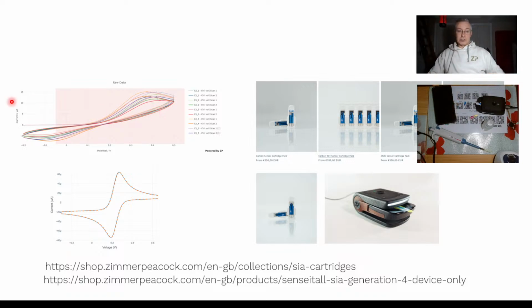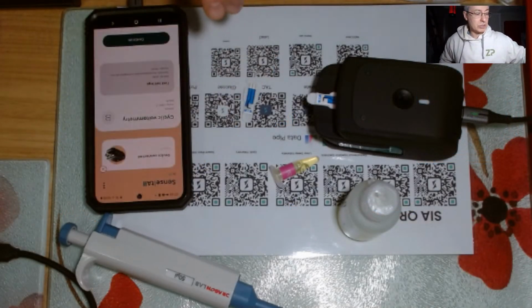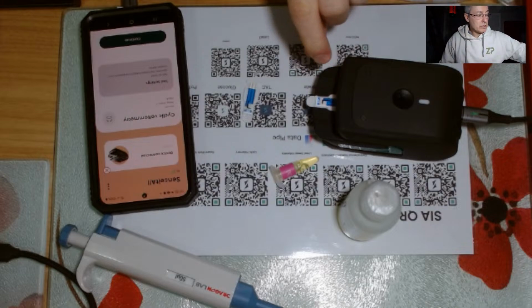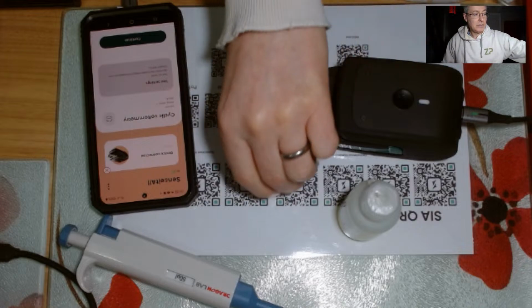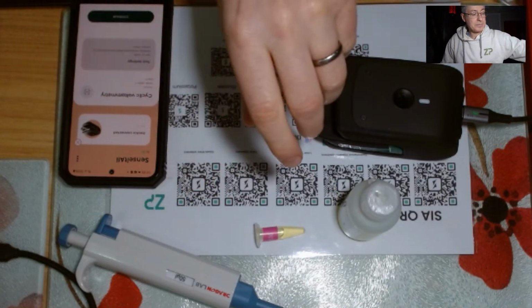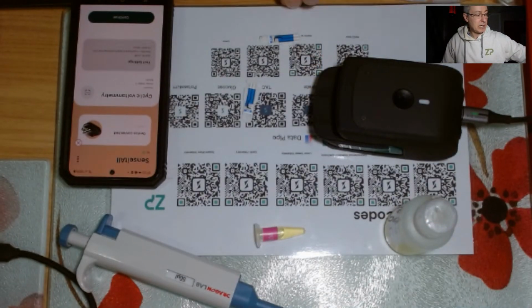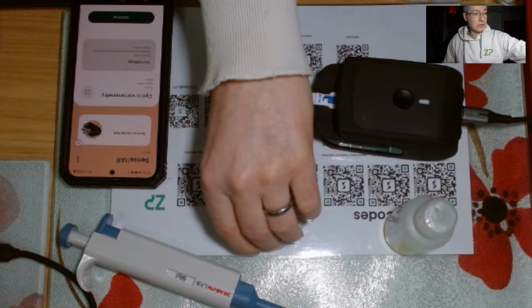I may just do a quick demonstration. The kind of experiment that we often do when checking an electrode's quality is this: I have a screen printed electrode here, and I have the potentiostat here. I'll take this electrode, click it into the unit, and close it.